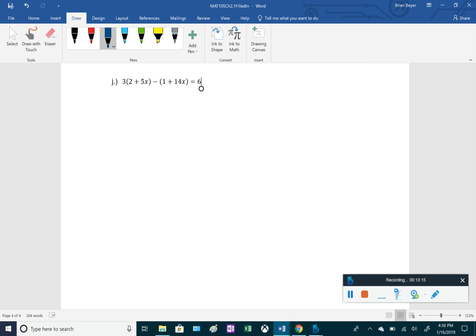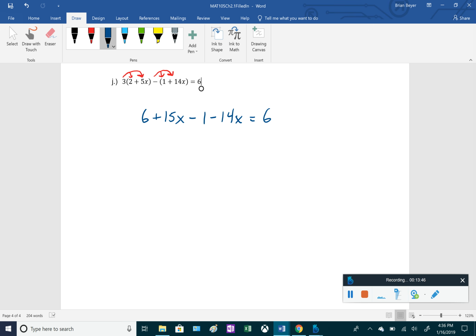So we have to do 3 times 2, 3 times 5x. 3 times 2 is 6, plus 3 times 5x is 15x. Now we have to distribute what is essentially a negative 1. So we get minus 1 minus 14x, and then equals 6.